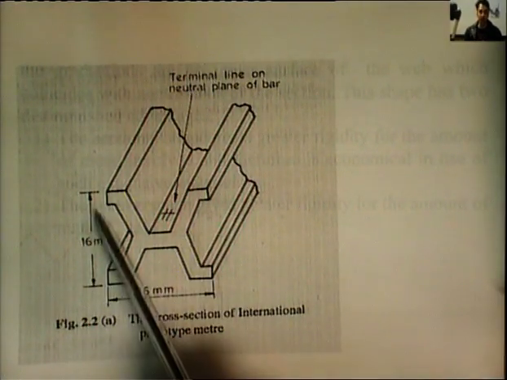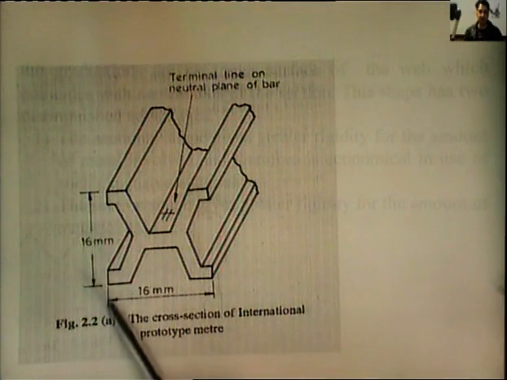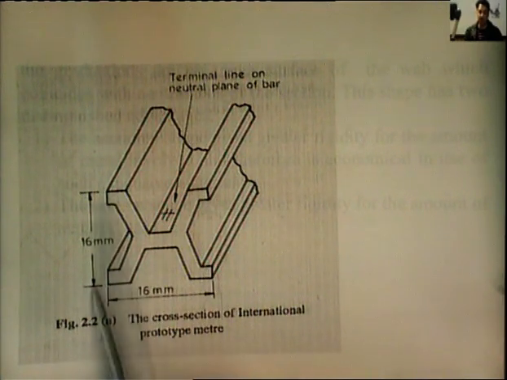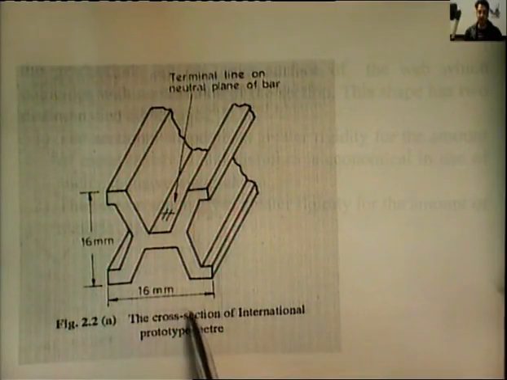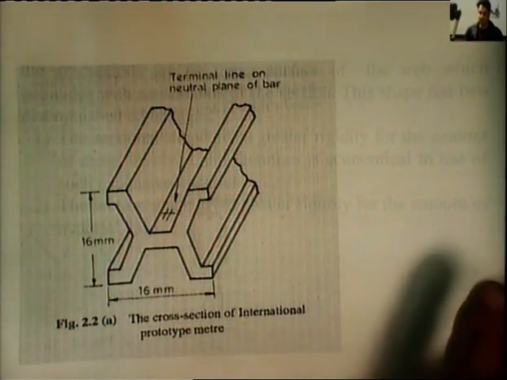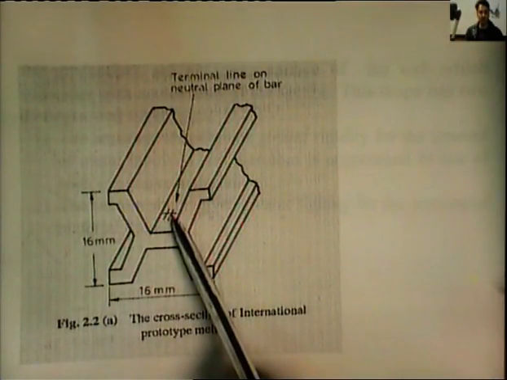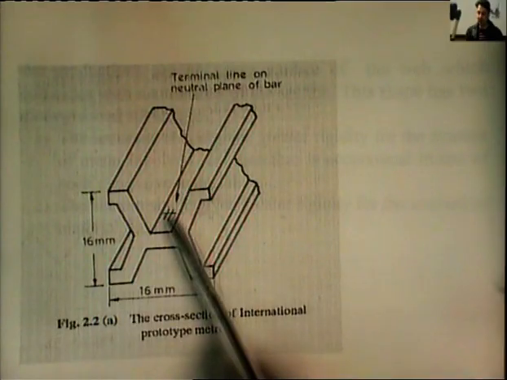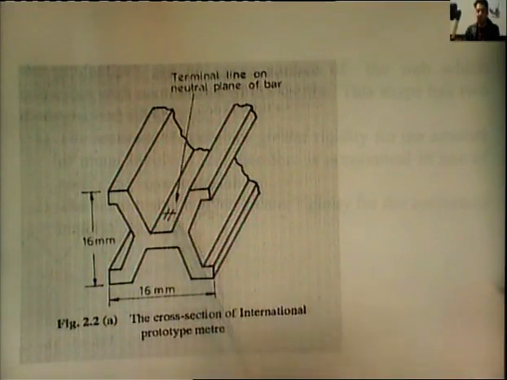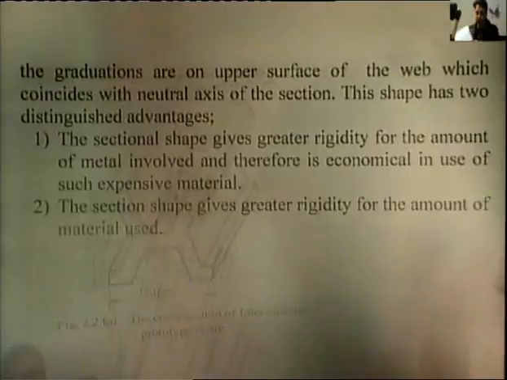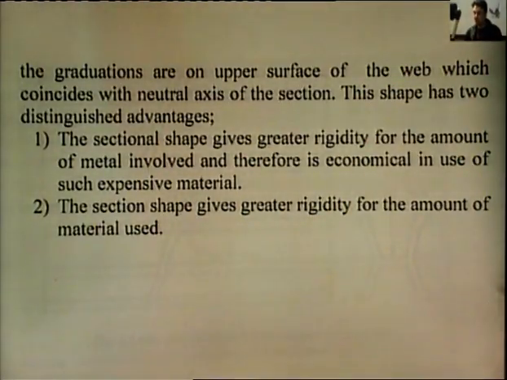We can see here the cross section on both sides is 16 mm in height and 16 mm in width. This kind of structure used less of the expensive material and was more stable, and because the engraving is on the neutral plane or neutral axis, it is saved from any kind of possible damage. The graduations are on the upper surface of the web, which coincides with the neutral axis of the section.